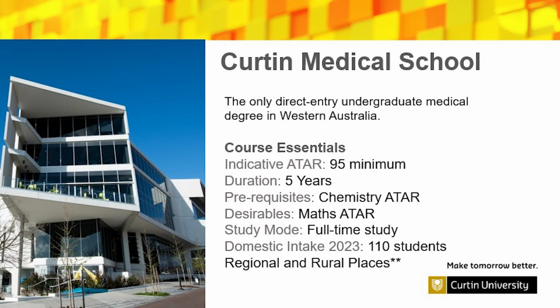So what you'll look to do in year 9 and 10 is select a chemistry ATAR unit, as that is a prerequisite, select an English unit in ATAR, as well as work towards getting an ATAR of 95 and achieving your WACE. When you get to year 12, you'll need to take something called the UCAT, which is the Undergraduate Clinical Aptitude Test, but that can wait. At the moment, you're in year 9 or 10 and you can certainly just concentrate on picking your ATAR subjects and doing the best you can.